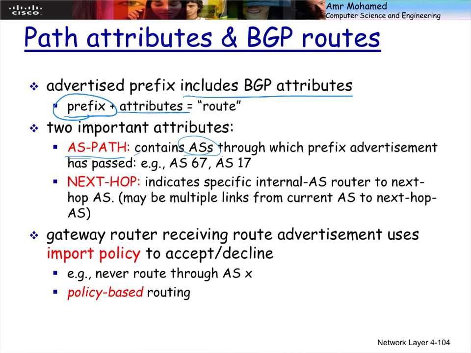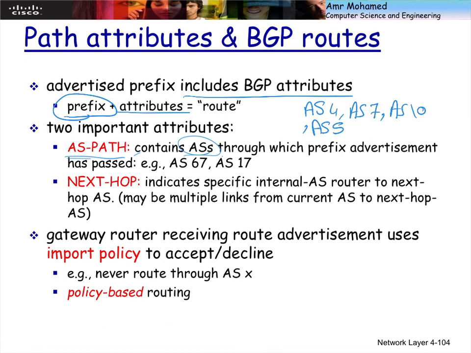So it may say, okay, this is coming from AS 4 through AS 7 through AS10 through AS5. Okay, so this whole path is maintained through the route advertisement for eBGP. So that's one of the attributes, the AS path.